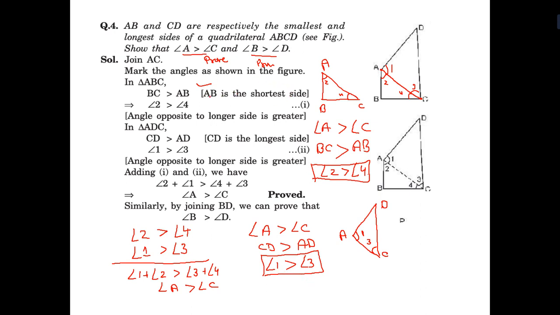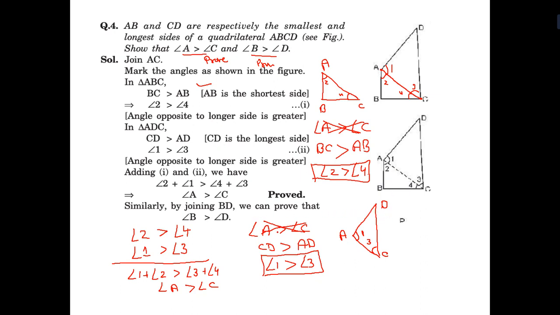AB is the longest side, so we cannot use this. Again we have to prove this. According to the figure, AB is the shortest side, and CD is the longest side.